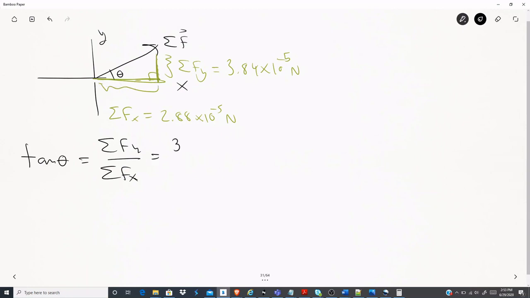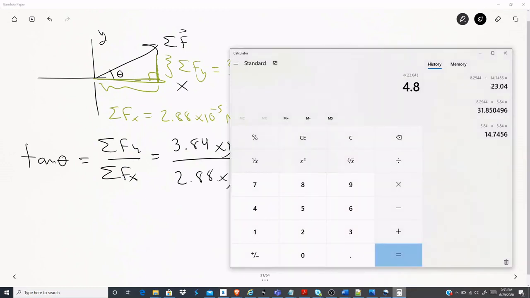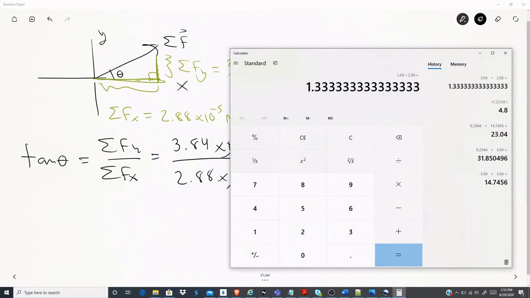Sum of the force in the y direction is 3.84 times 10 to the negative fifth newtons. The sum of the forces in the x direction is 2.88 times 10 to the negative fifth newtons. The newtons cancel, the magnitudes cancel, so it just gives me 3.84 over 2.88, which is 1.33.